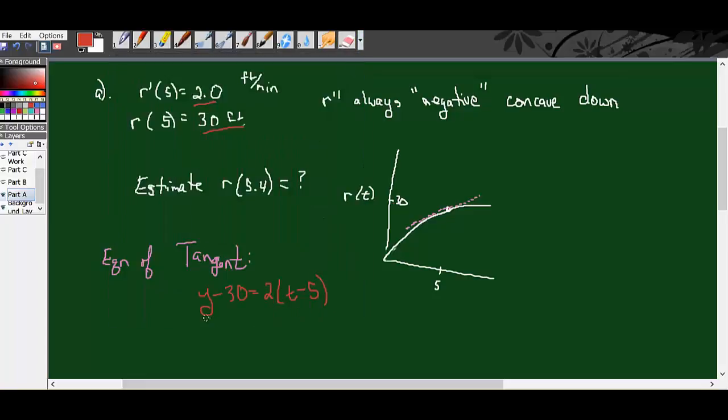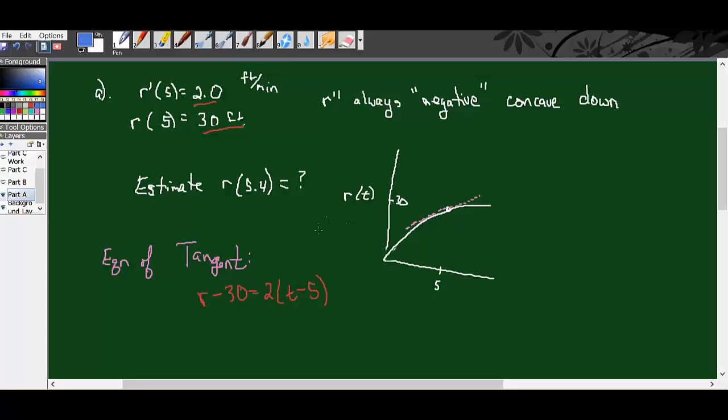So the radius, or the y value, is 30 when time is 5, and we know the slope there is 2. So the question is, what's the radius when time is 5.4? Well, I could go ahead and change this equation to y equals mx plus b, but I'm not going to because I really like this form.